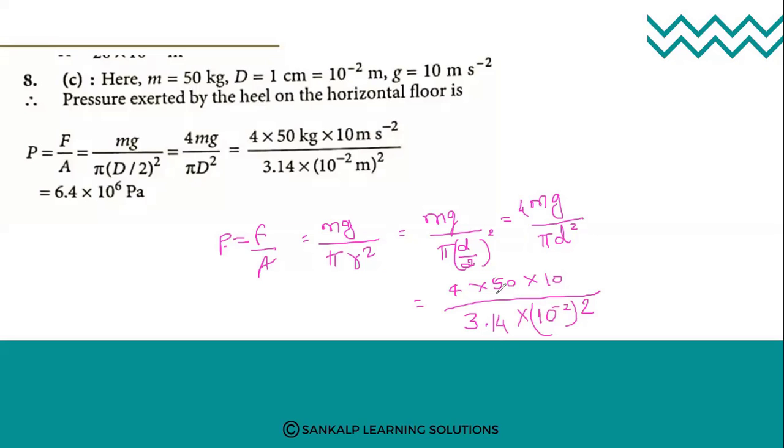Check whether you are getting option C or not. So if you simplify, you will get 6.4 into 10 raised to 6 Pascal. That is option C. So pressure unit will be Pascal. Hope the simplification you are understanding.